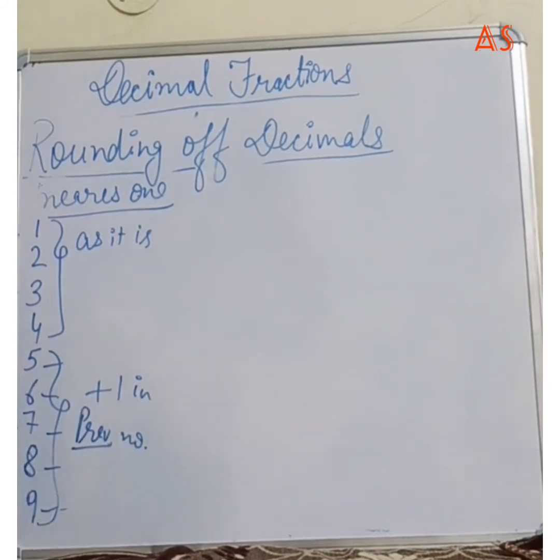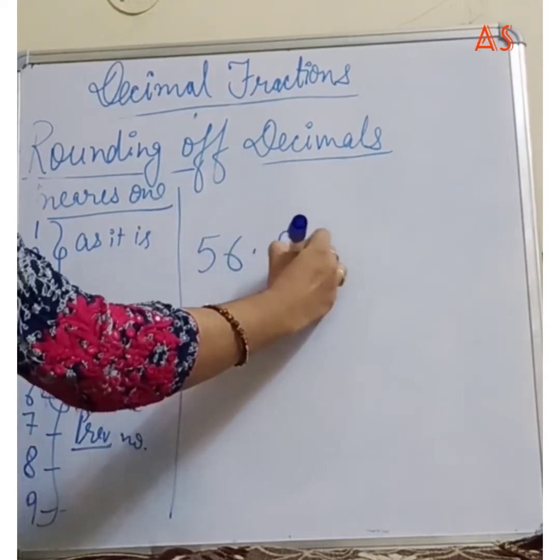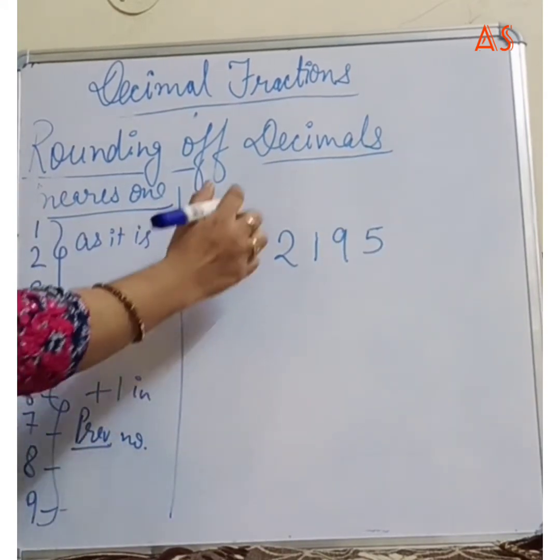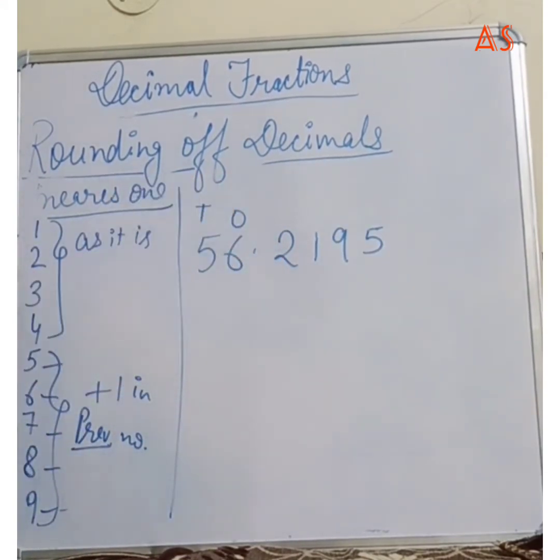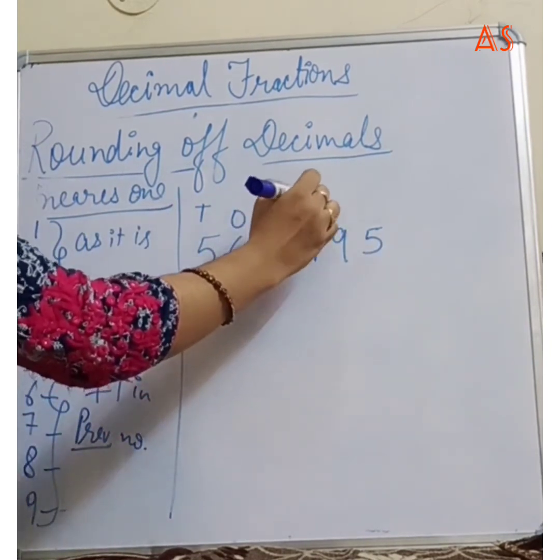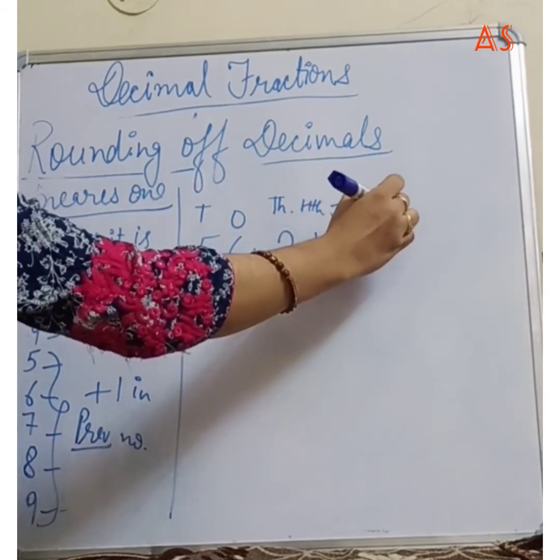So how do we add 1 to the previous number? Suppose we have 56.219. You know that before the decimal we read ones, tens, hundreds, thousands, and so on, and after the decimal also 10ths, 100ths, 1000ths, 10,000ths, and so on.